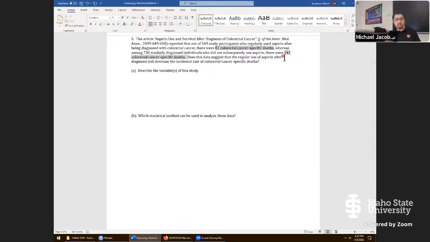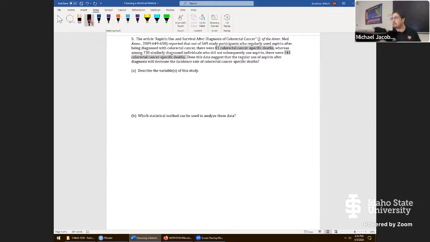So that's kind of morbid, but that's what the study is all about. So we might say that one variable is colorectal cancer specific death. Geez, that's a heck of a variable.